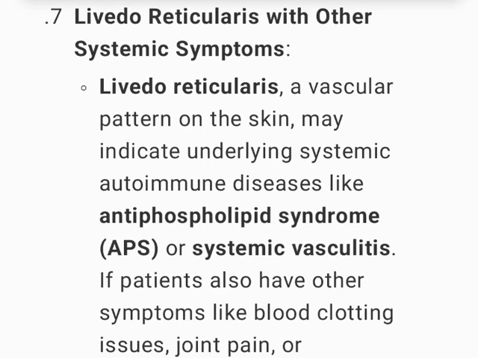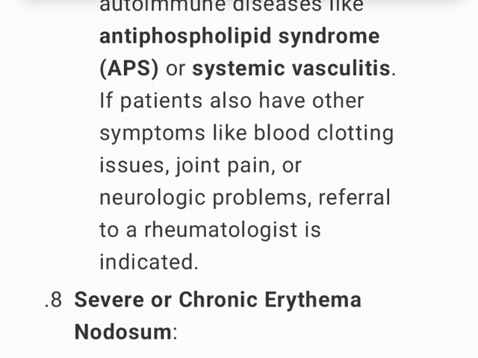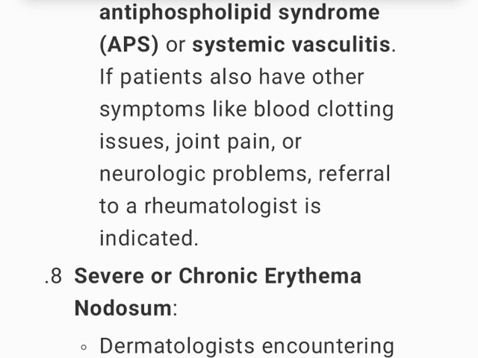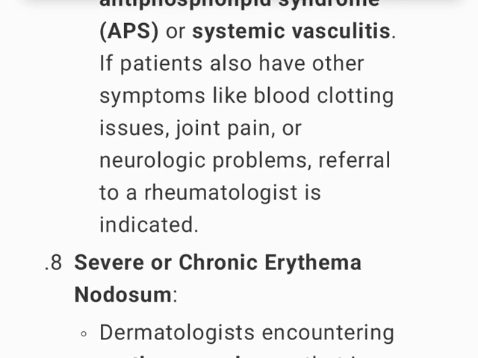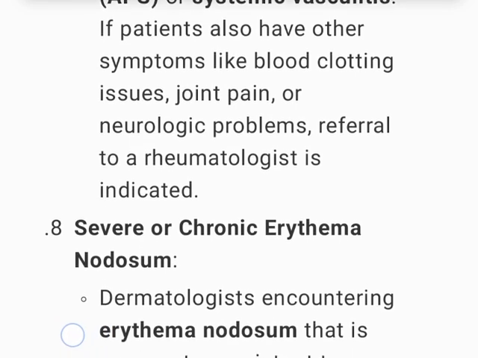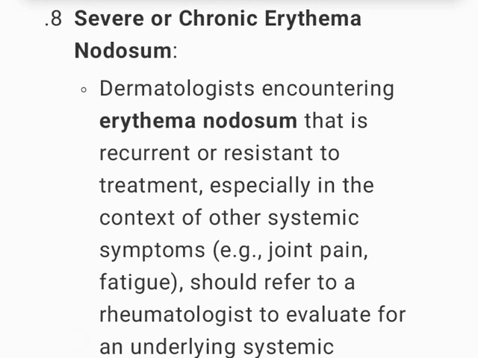7. Livedo reticularis with other systemic symptoms. Livedo reticularis, a vascular pattern on the skin, may indicate underlying systemic autoimmune diseases like antiphospholipid syndrome, APS, or systemic vasculitis. If patients also have other symptoms like blood clotting issues, joint pain, or neurologic problems, referral to a rheumatologist is indicated. 8.